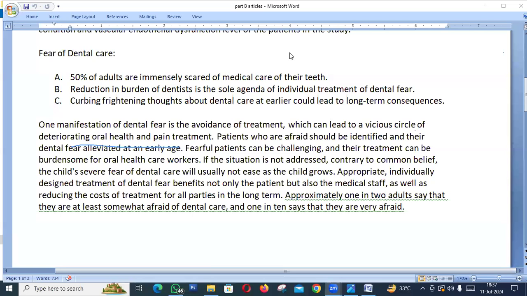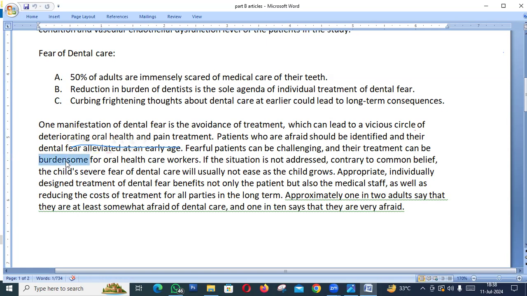Okay, I got your answers. Could you please tell me why B is wrong? Sir, in the whole text, nobody has mentioned the burden of dentists. Where is it mentioned? It's in the fourth line: if the situation is not addressed, contrary to common belief, the child's fear of dental care.